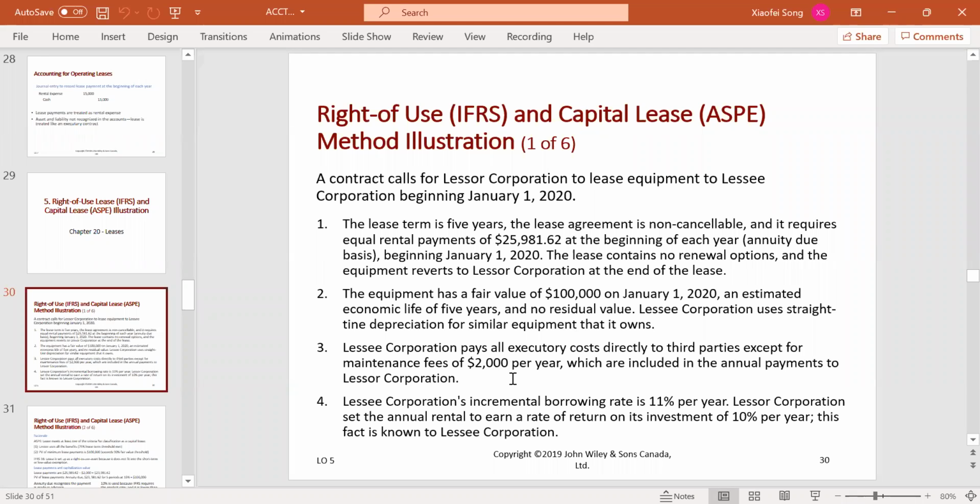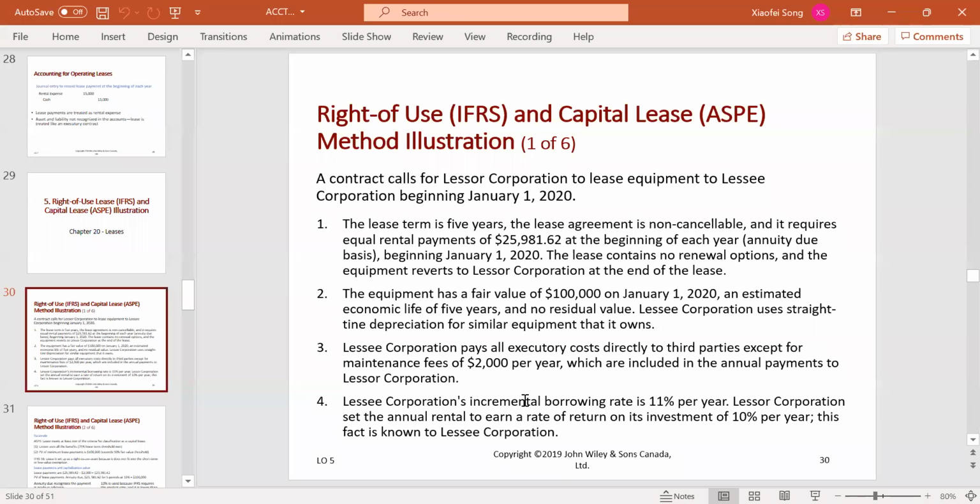They can arrange it any way, but that just shows how it works. It's included in the annual lease payment to the lessor company. So that means the $25,981.62 includes this $2,000 maintenance fee, and when we compute the present value, we need to subtract that $2,000.